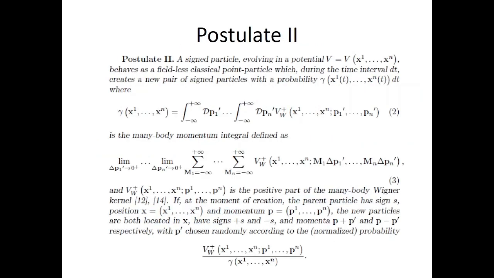Postulate 2 remains more or less the same, but the formulas now are generalized. So a sign particle that is evolving, let's say, in a potential described by the function that I am showing here with the pointer of the mouse, behaves as a field-less classical point particle again, just like before, but during the time interval dt, it creates a pair of signed particles with a probability gamma that is now defined over a multidimensional space.